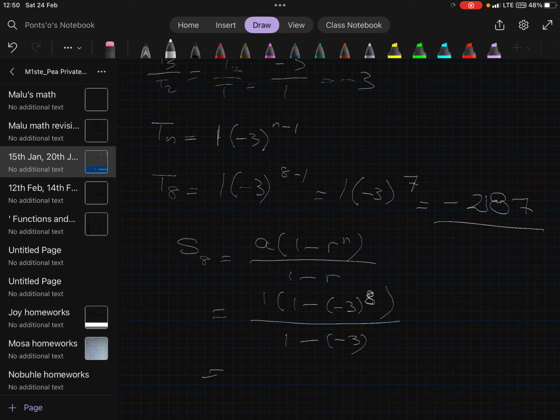Okay, when we work this out, where did I make a mistake? So the sum would be negative 1640.